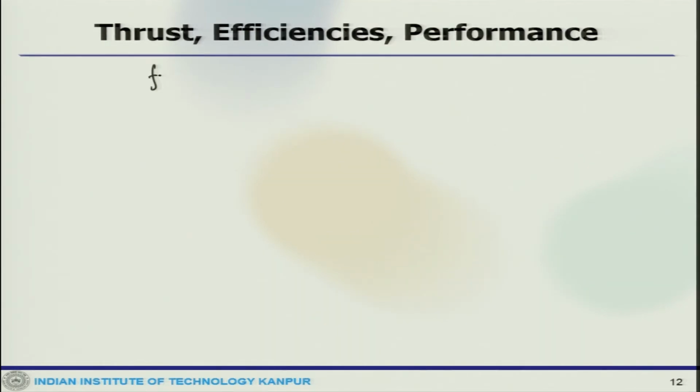Now, we also define the fuel air ratio for the turbofan. Here it would be m dot F by m dot AH, because this is the portion of the air that goes through the core. Another parameter we call beta is the bypass ratio, defined as the percentage of the air which passes through the cold section.